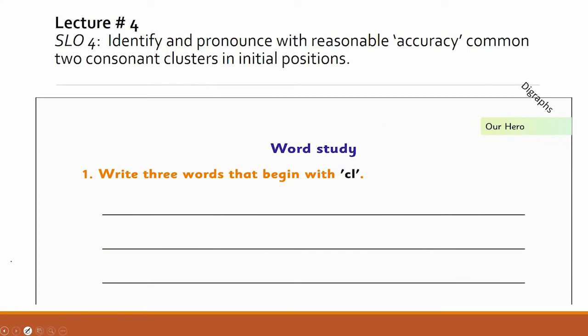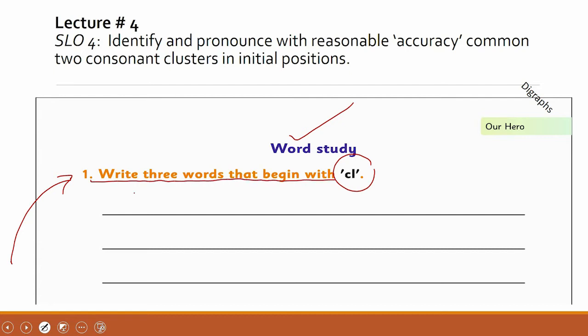After understanding what this word study is asking us, it says write 3 words that begin with the sound kl. So let's complete the task. Class, close, clear.